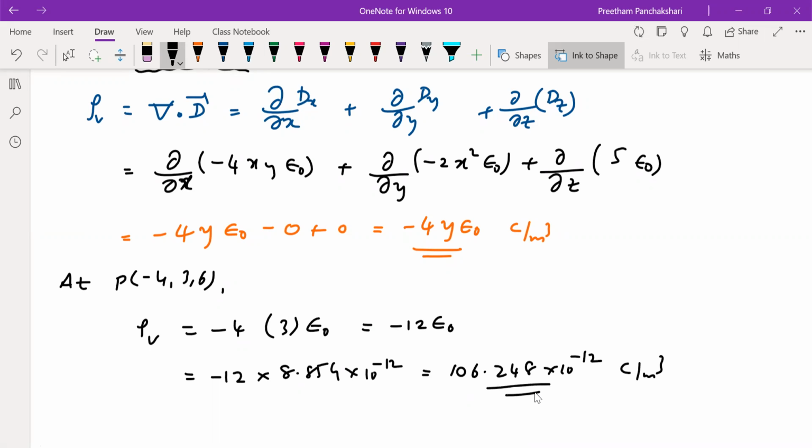This gives the volume charge density. So the point to be noted is, you can find volume charge density from the D. D is anyhow always available from E. E is calculated from V. So if you know the potential field, we can find electric field, flux density field, and also volume charge. So potential plays a very vital role in this kind of applications. That is the solution of this problem.